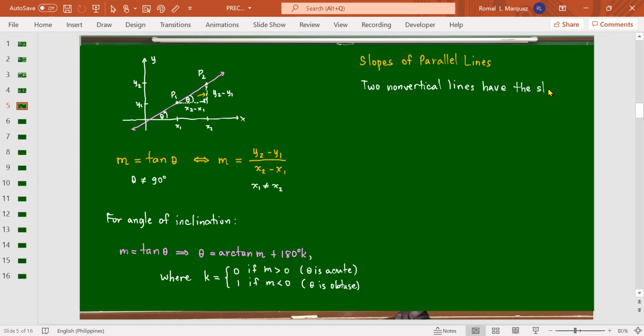Take note, non-vertical lines, because for vertical lines, the slopes are not defined. Okay, guys?